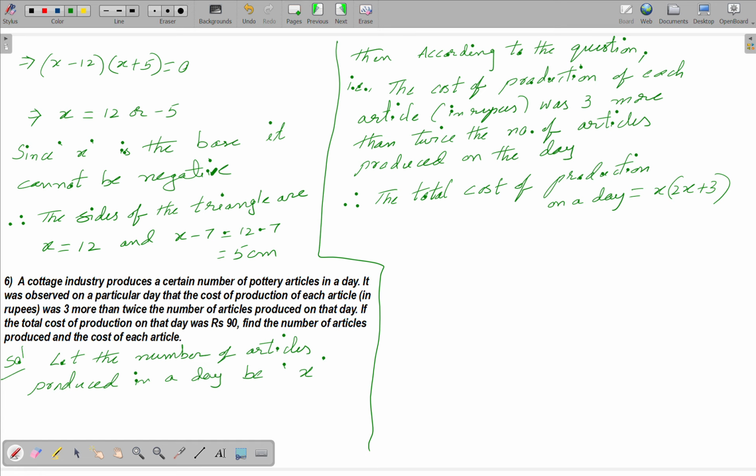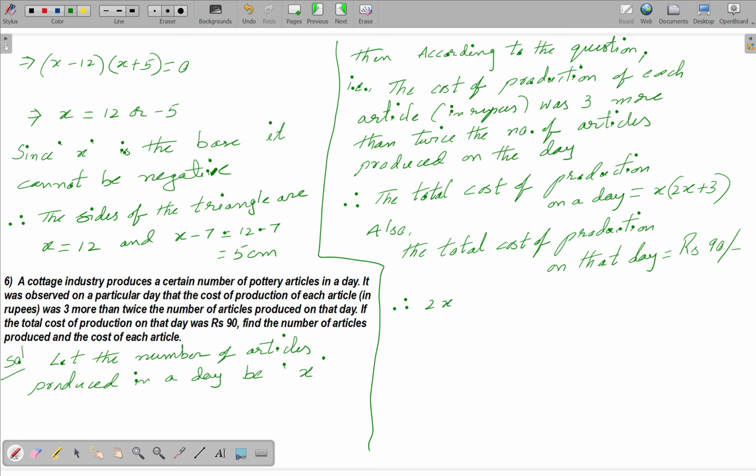Also, the total cost of production on that day is equal to rupees 90.